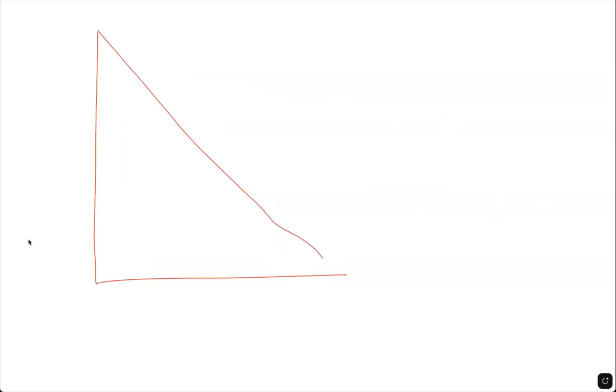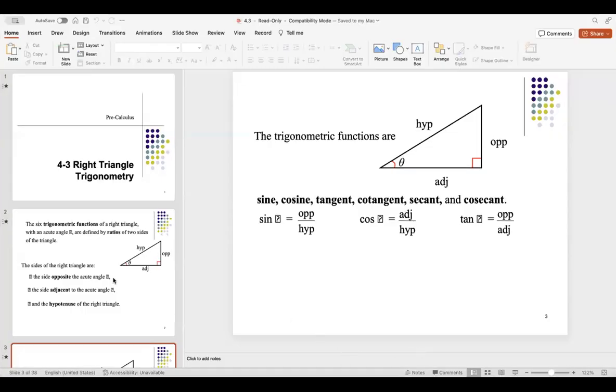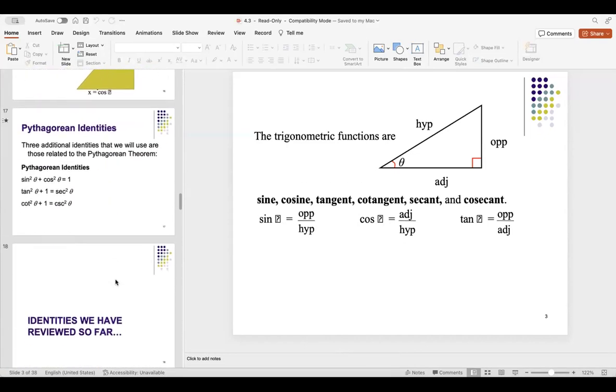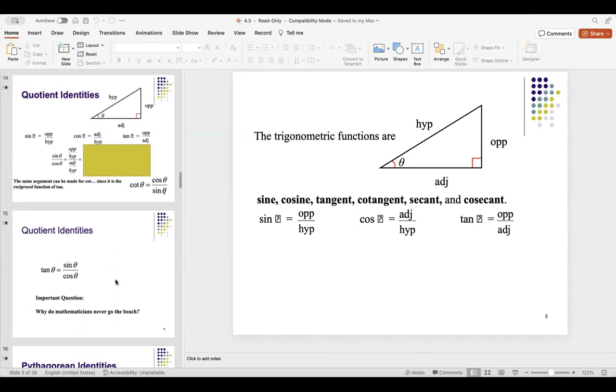Another way of solving a right angle triangle is something called Pythagoras theorem. I'm going to show you that in a bit.